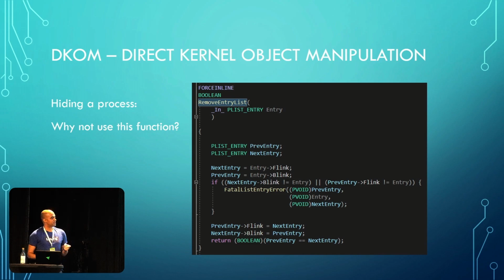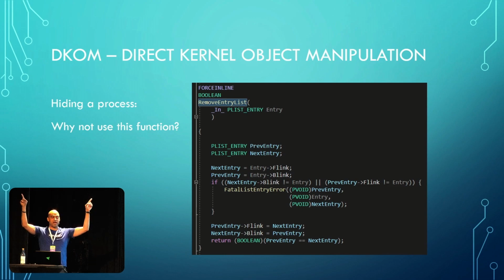The problem with that is that when you close the process and the operating system goes through removing that structure by itself, it will do some sanity checks. And one of those is checking if the one it's deleting, previous, after, is pointing at the entry that is being deleted, and if the after, previous is pointing at itself as well.